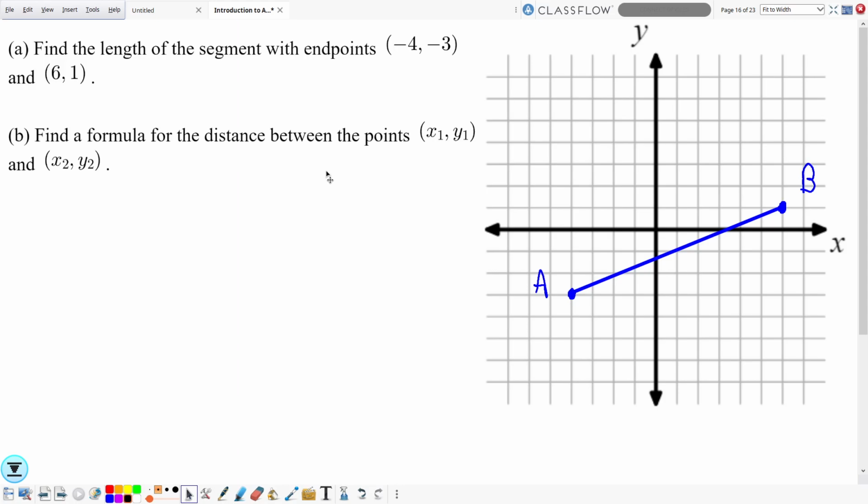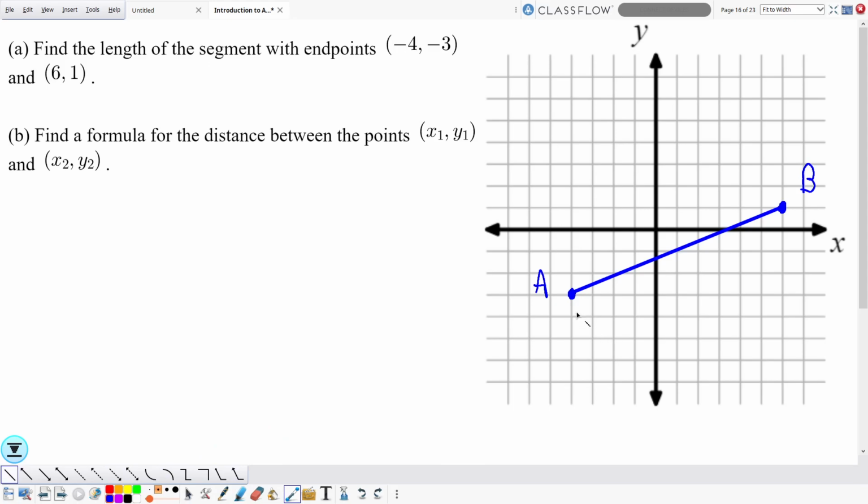Very cool. So how do I find this distance? Can I just count it out? Well, no, not really. You can't really count diagonally. But what we can count is horizontal distances and vertical distances. Straight lines basically. So in terms of x, my distance from A to B is from 1, 2, 3, 4, 5, 6, 7, 8, 9, 10.